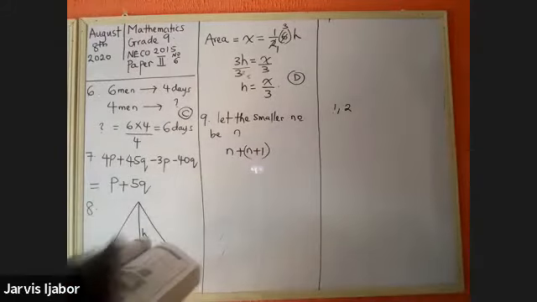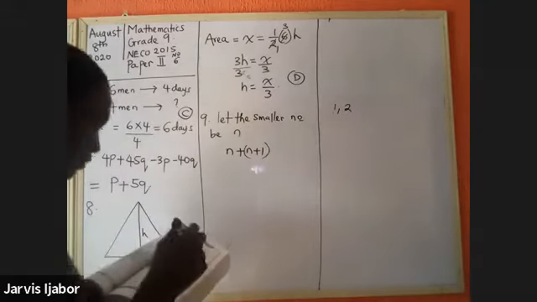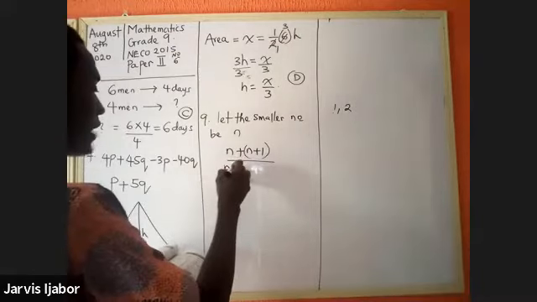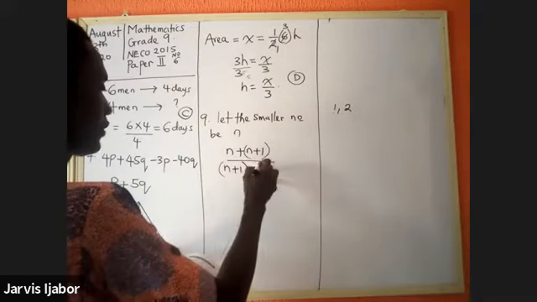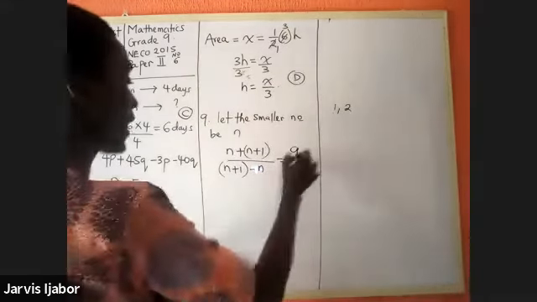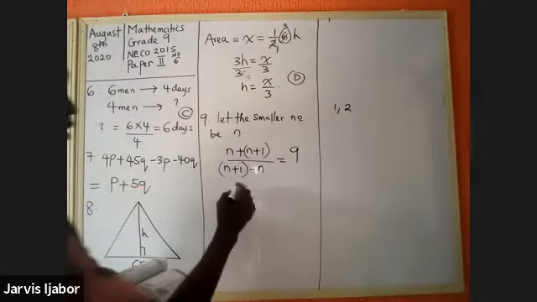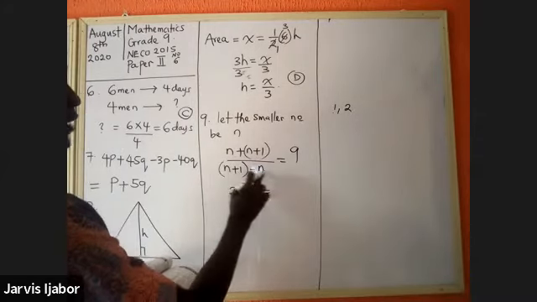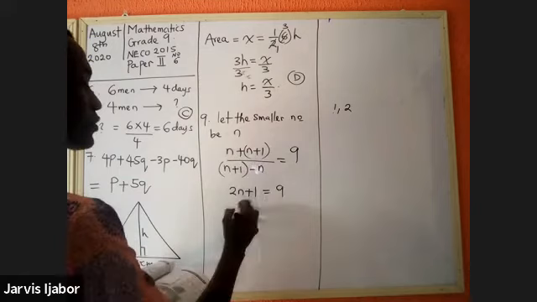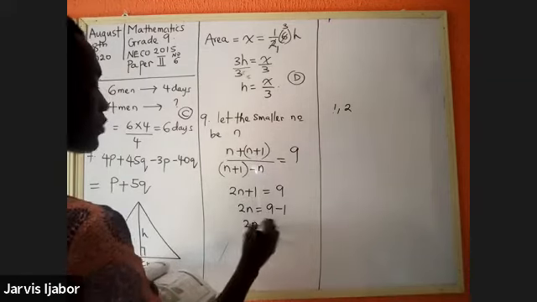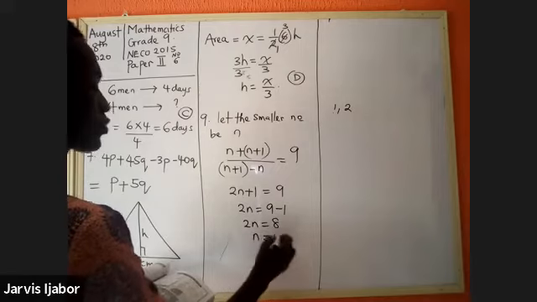Now, we said the sum of two consecutive numbers divided by their difference, that will be n plus 1 minus n, will give us what? 9. Right? So what is this equation? This becomes what? 2n plus 1 equal to this n minus this n will give me 0, equal to 9. So 2n will be equal to what? 9 minus 1, and 2n will be equal to 8, meaning that n will be equal to 4.